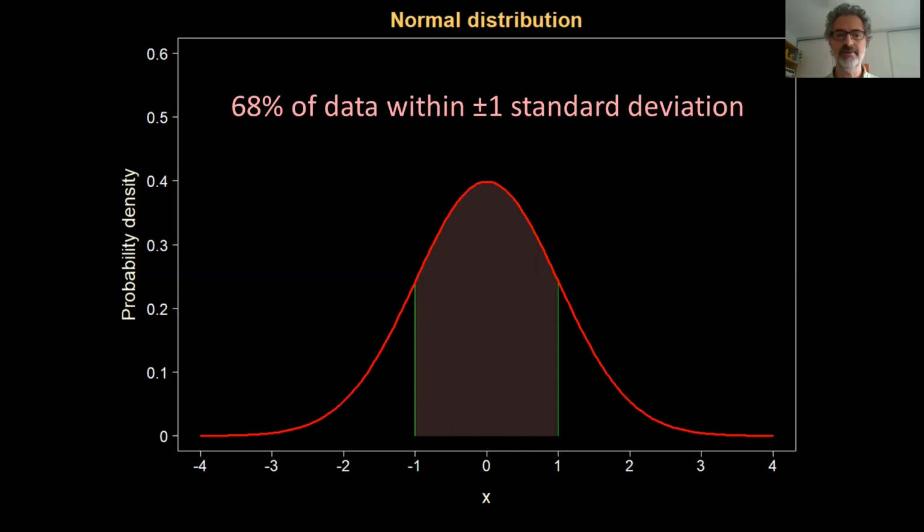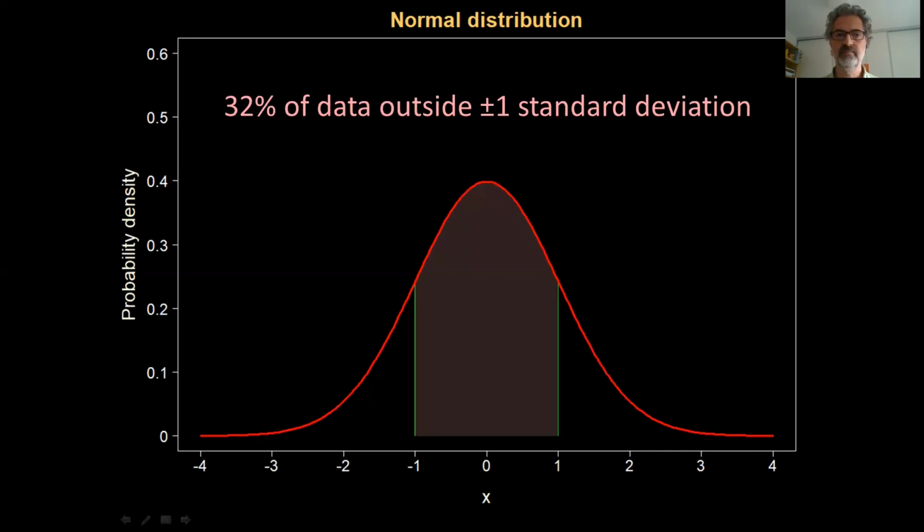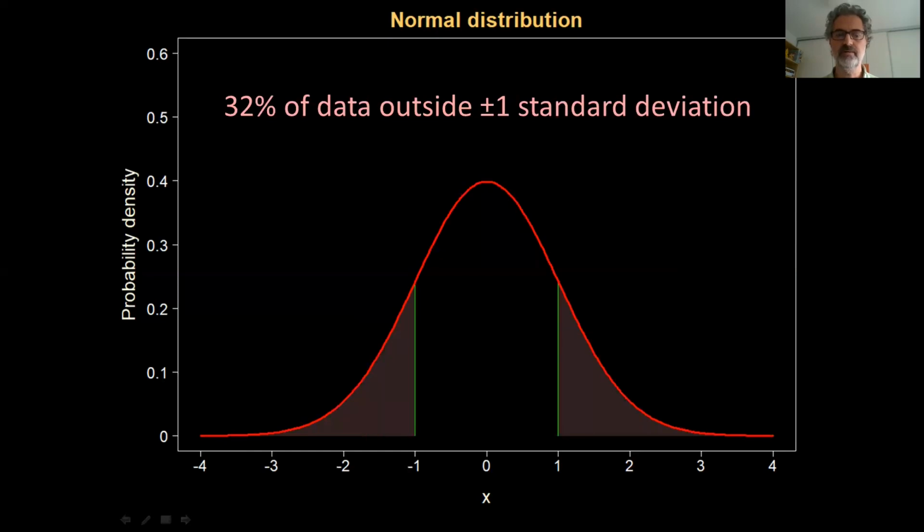So between -1 and 1. Let me say this again. In a variable that is approximately normally distributed, about 68% of the data will be within 1 standard deviation from the mean. This means that about 32% of the data will be outside. This means they will be farther from the mean than 1 standard deviation.